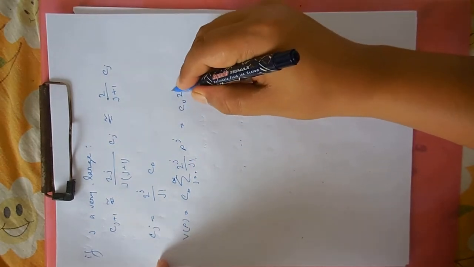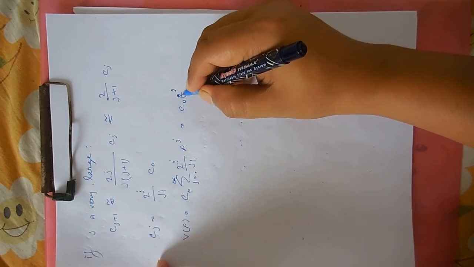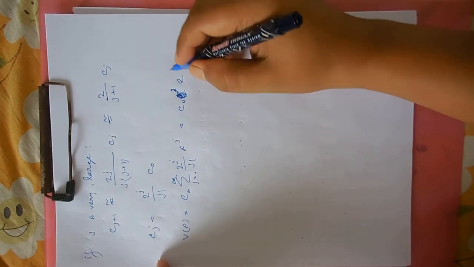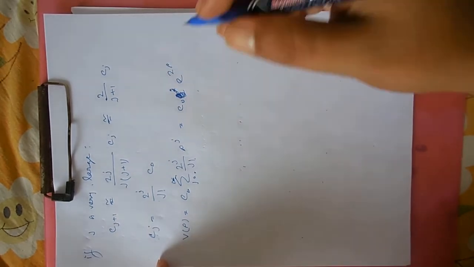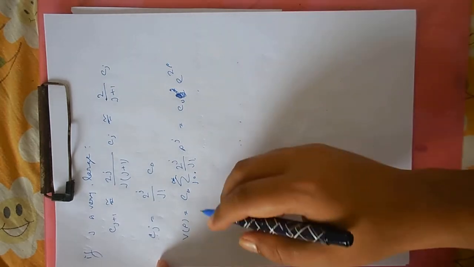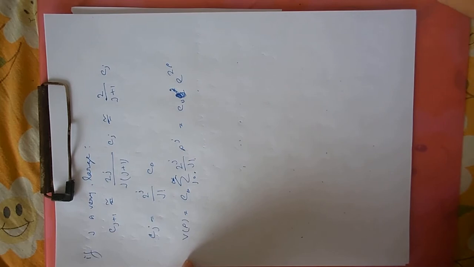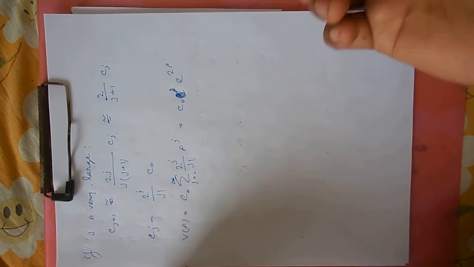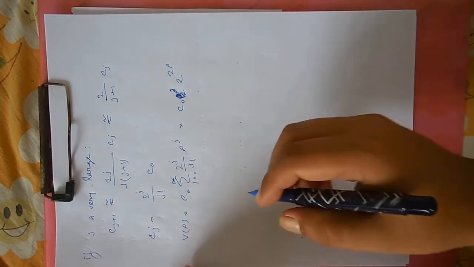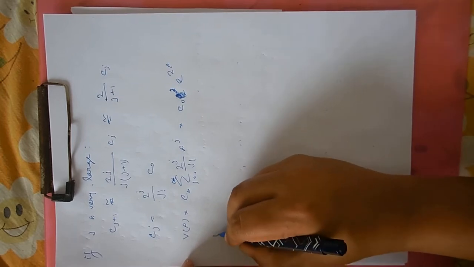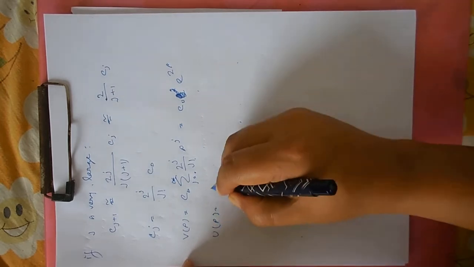Eventually we get e to the power 2ρ. If you replace v(ρ) in the equation of u(ρ), where we wrote u(ρ) in terms of v(ρ), you will get C0.